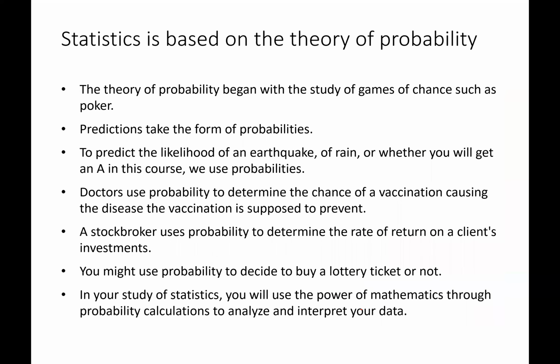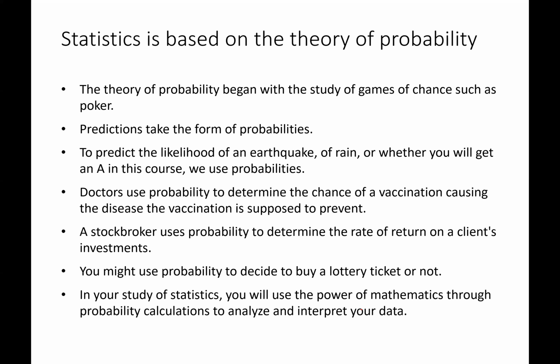Okay, all right. So statistics is based on the theory of probability. The theory of probability began with the study of games of chance, such as poker. Predictions take the form of probabilities. So you told me the chance of a head coming up is 50-50, 50%.